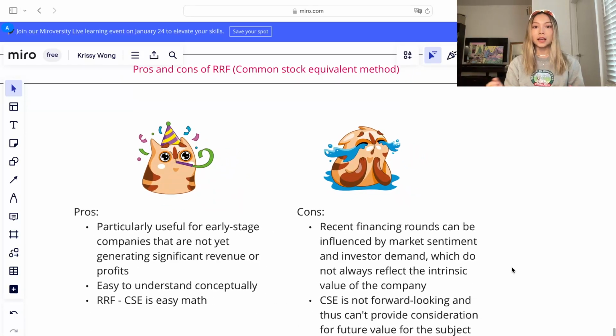So what are the cons? Recent round of financing rounds can be influenced by market sentiment and investor demand, which do not always reflect the intrinsic value of the company. OpenAI, again, is a good case in point, because, like I mentioned before, they just recently raised another round of money that put their valuation over $90 billion.